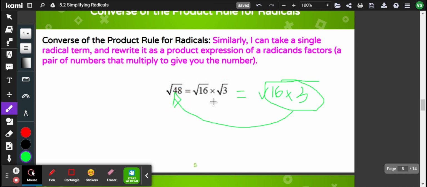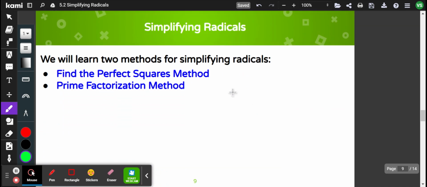So this is the rule we need to have some understanding about. Now, like the objective said, these are the two methods we're going to be using to simplify radicals: find the perfect square, and use the prime factorization method.